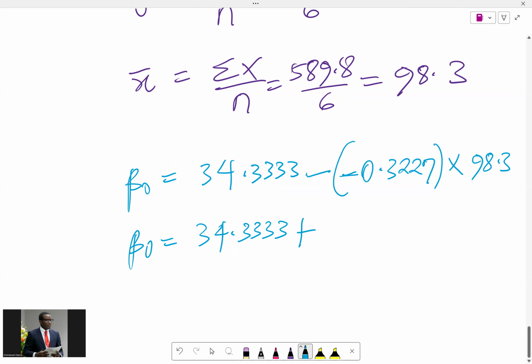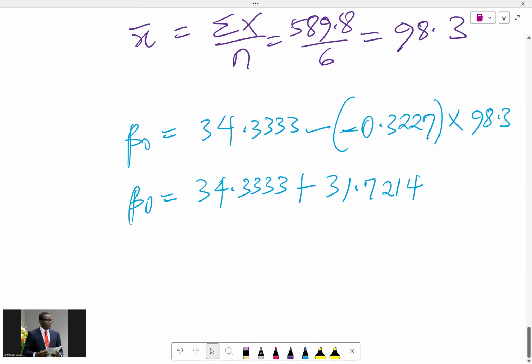Then we now have to multiply that again. This is 0.3227 times 98.3. 0.3227 times 98.3 is 31.7214.